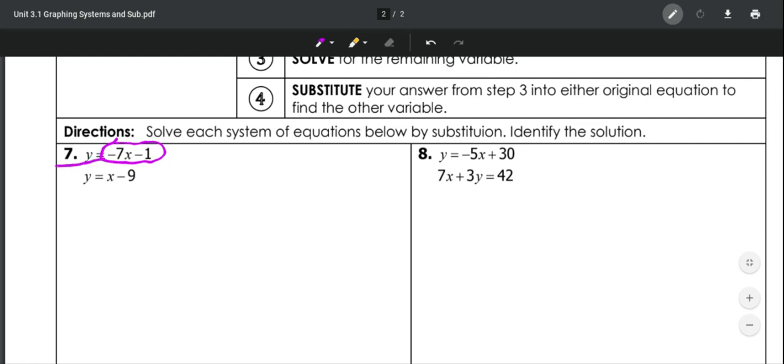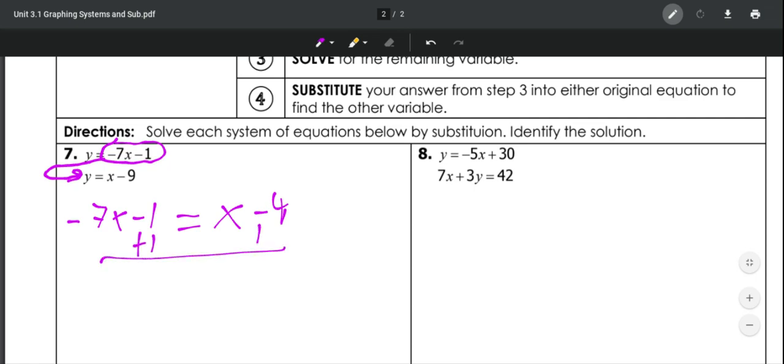Since y equals that, you're going to take it from your first equation and plug it into your second equation for y. So that would look like this: negative 7x minus 1 equals x minus 9. All we did was replace y in the second equation with what y was equal to in the first equation. And then we solve. So we're going to solve this for x, so we add 1 to both sides.